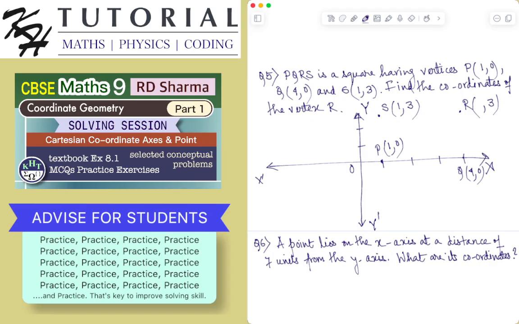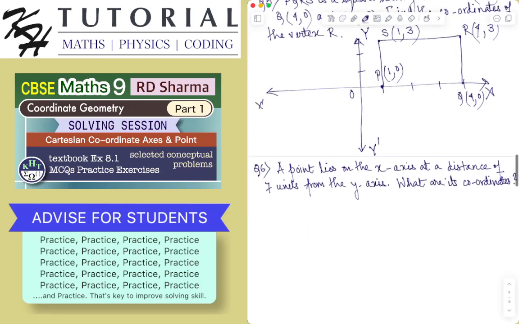So the x coordinate or abscissa of the point R should also be 4. Even though it is not looking like a square, please assume that this is the square PQRS. The coordinate of the vertex R is (4, 3). Let's see the next problem.